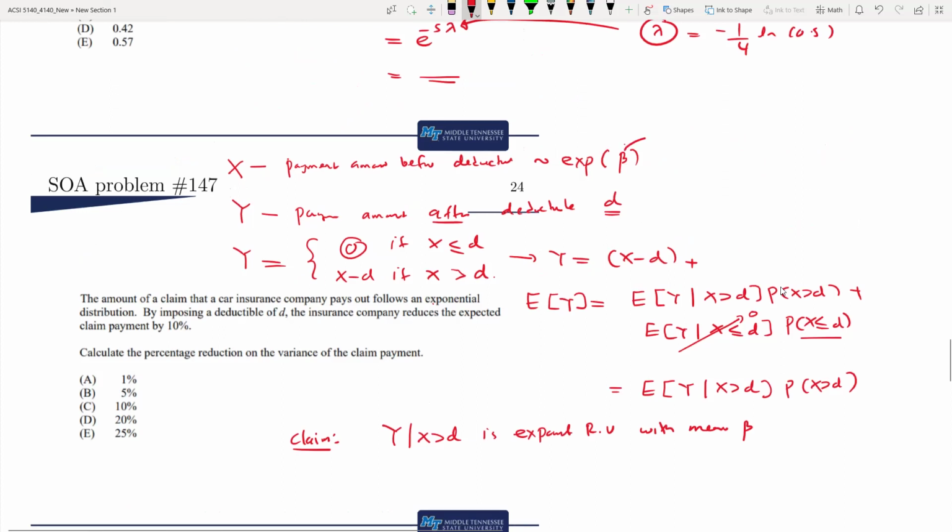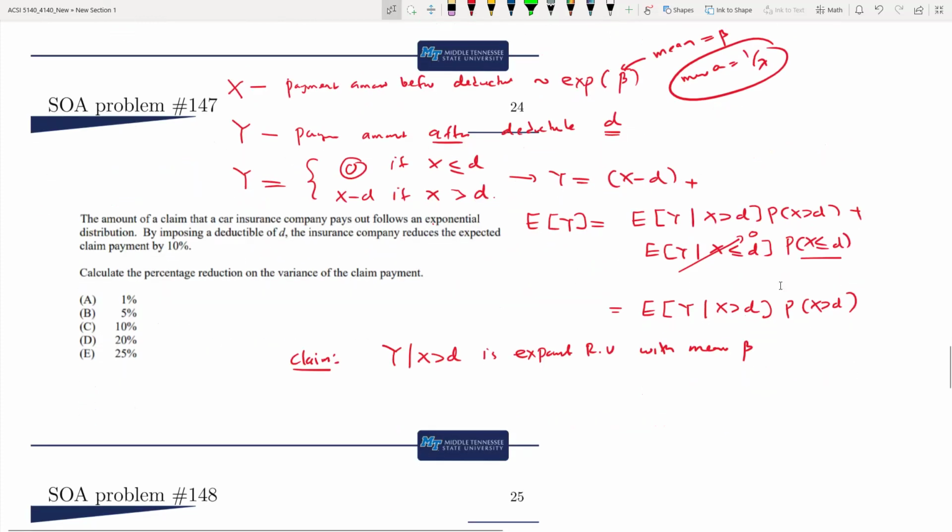If you use this parameter, it is the same as the mean. If you use the other parameter lambda, then the mean is going to be 1 over lambda. That's why I like using this one, because I don't have to use the fraction-type formulation.